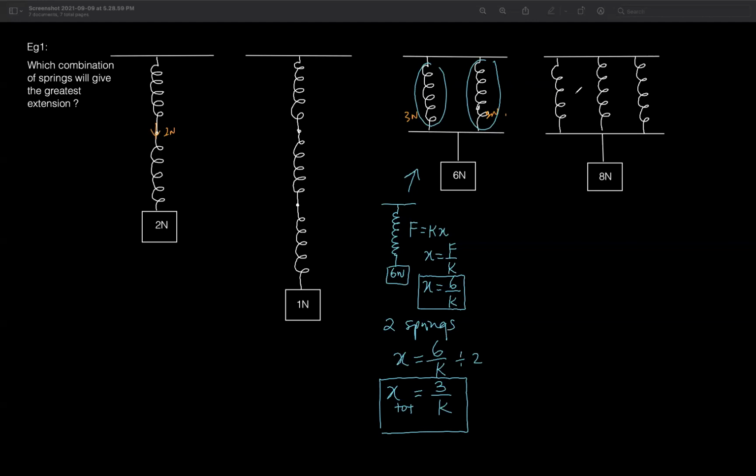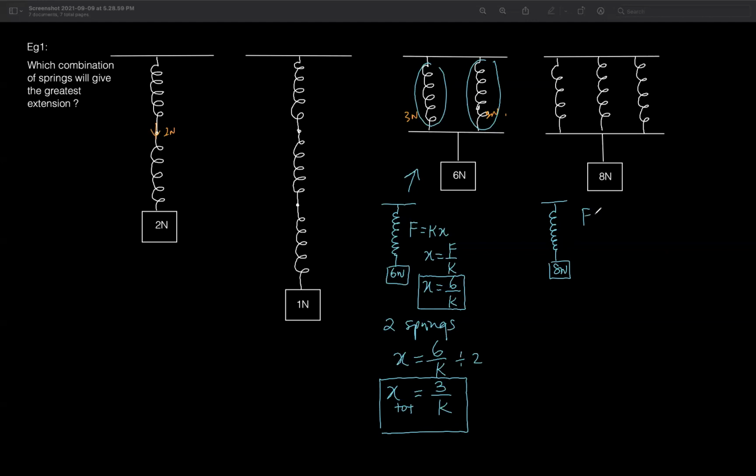The one on the right, 3 springs suspending an 8 Newton load. Again, what if it was only one spring? What is the extension of one spring?